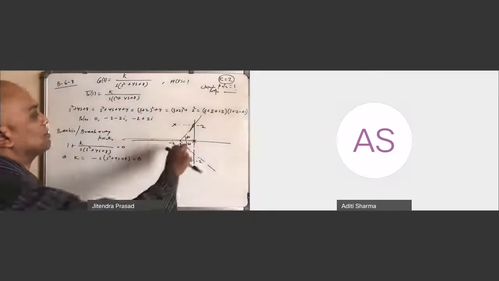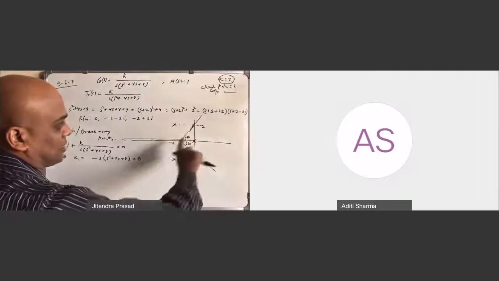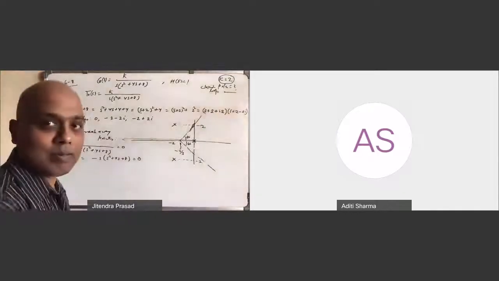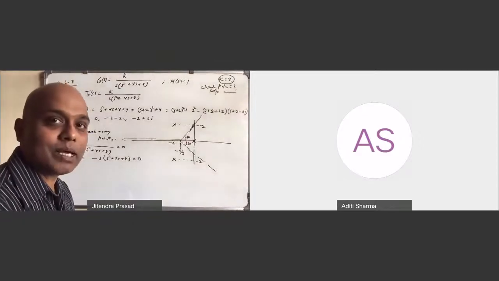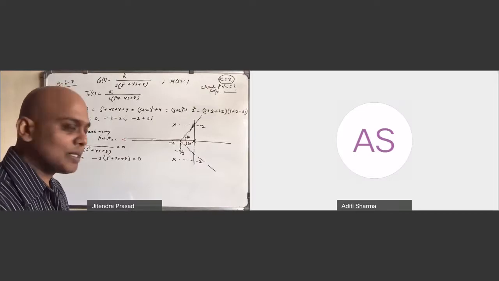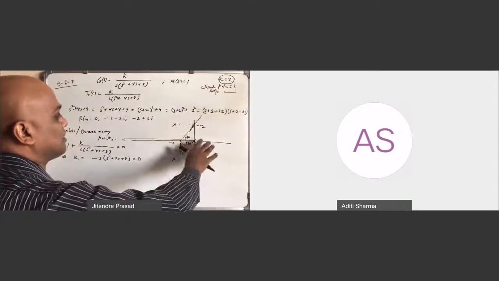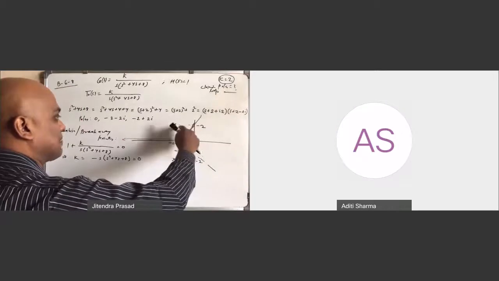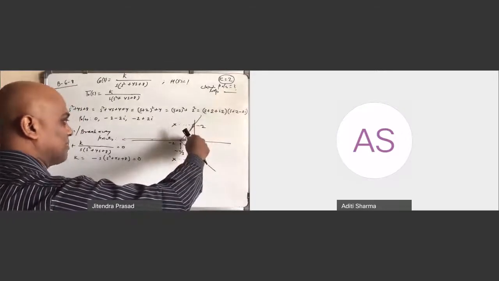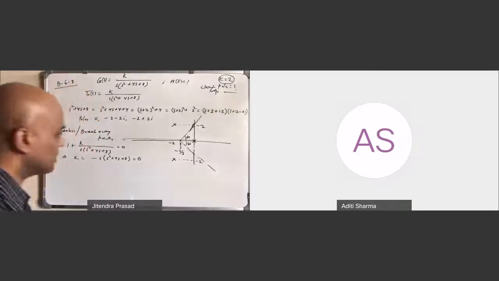Here basically, remember the root locus is symmetric about the real axis. It will go both sides. Yes, it will go up and down both. Yes Aditi, you got it. The root locus will be symmetric about the real axis, so if it is going up, it will go down also. Yeah, got it.